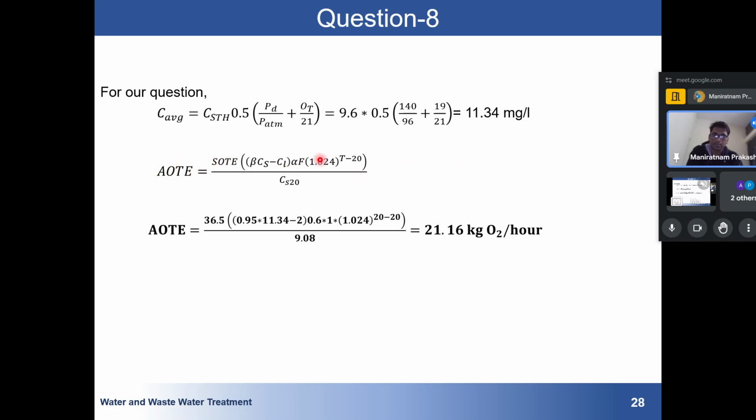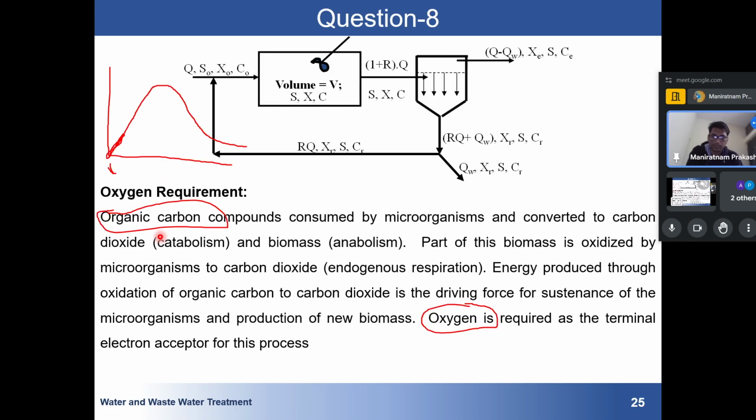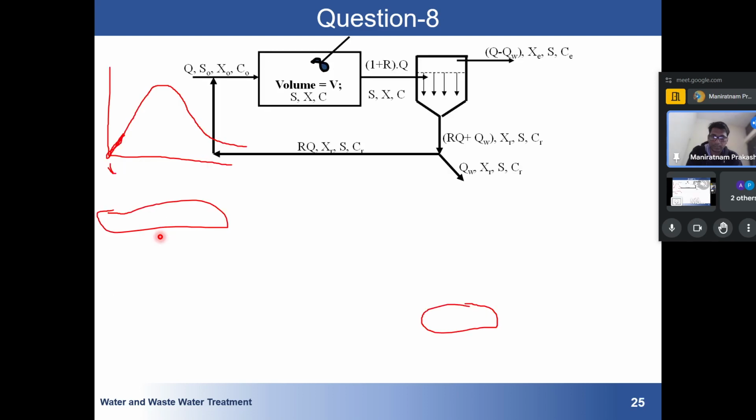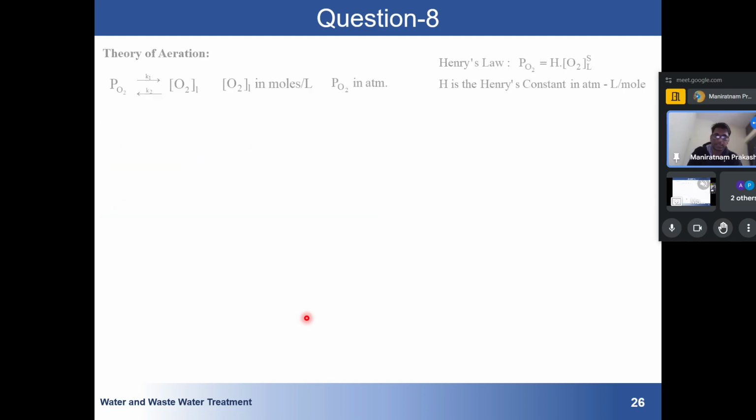Again, this has been derived with the help of the mass balance equation. If you put in all the given values, you will get the average oxygen transfer rate, that is AOTR, given by this equation.